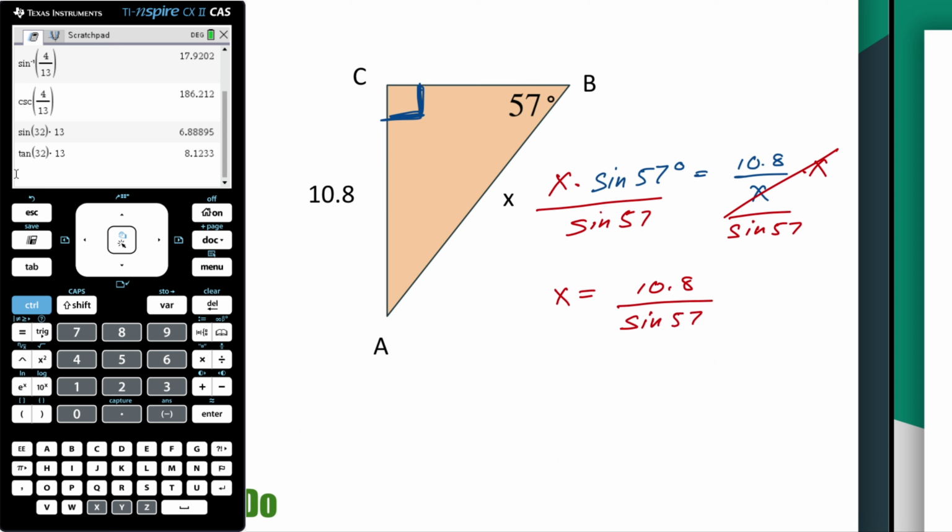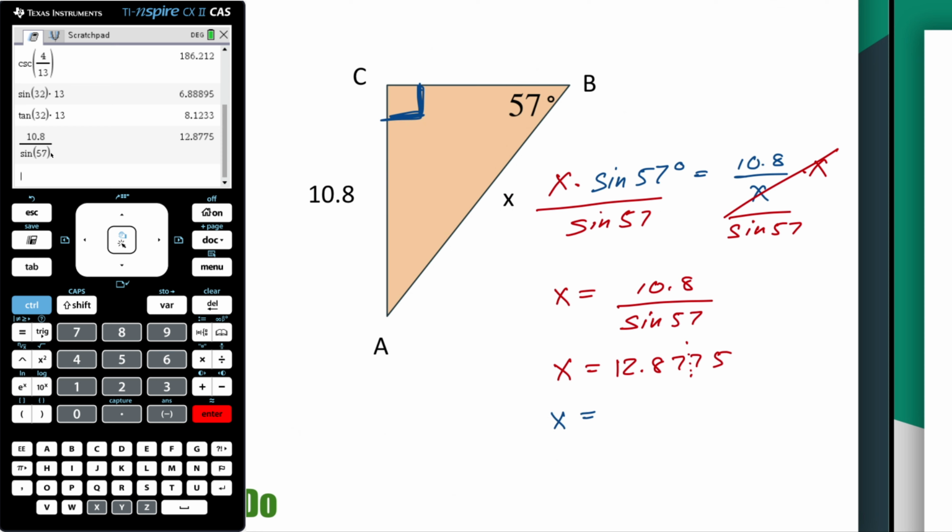Okay? So let's put this into the calculator here. So we have 10.8 divided by the sine of 57 degrees. So let's click our trig button here. The sine of 57 degrees. Okay? And we get x is equal to 12.8775, which by the general rule I'm going to round to the hundredths.